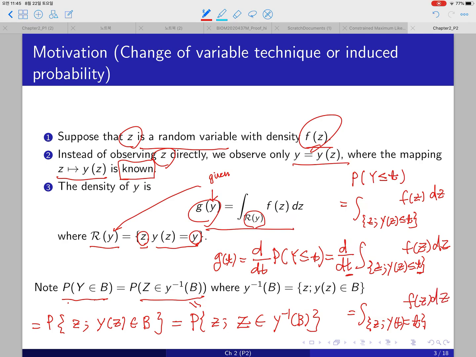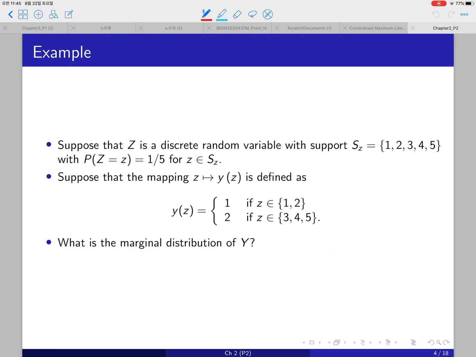So that gives a justification of the density concept.